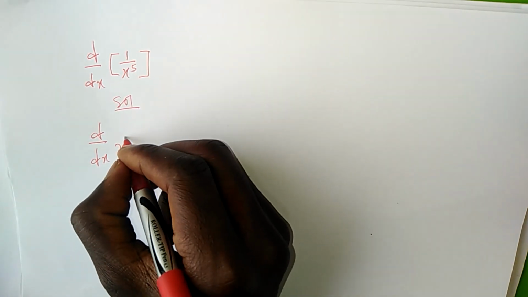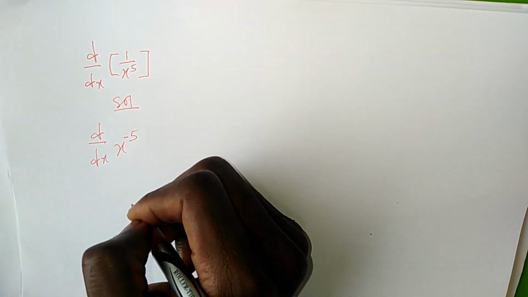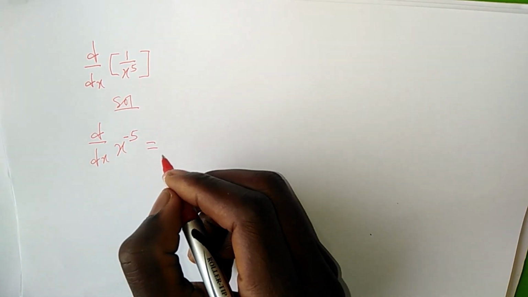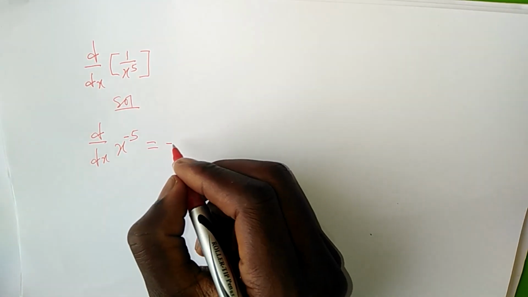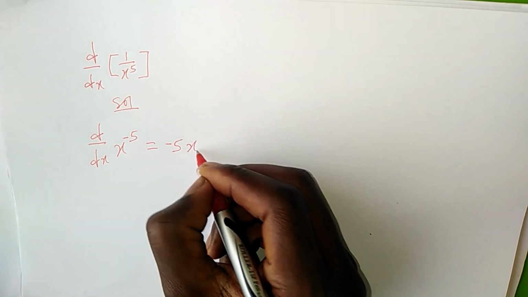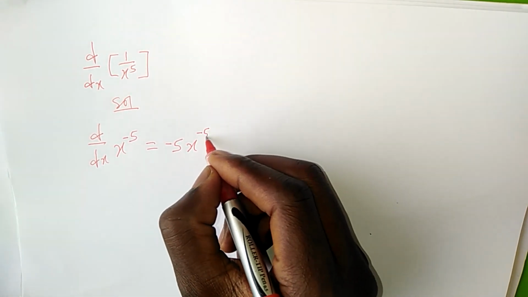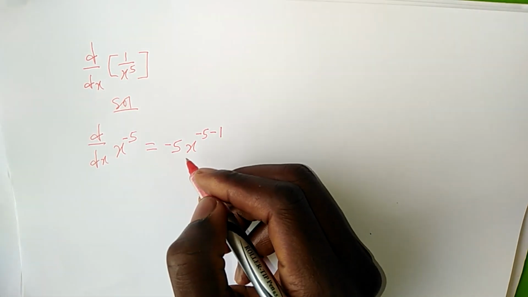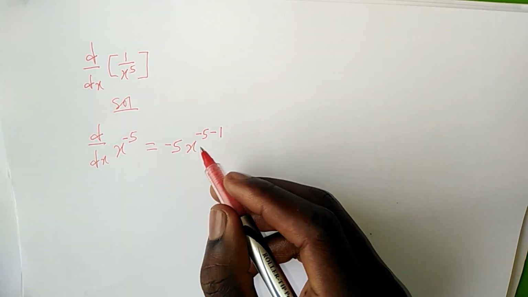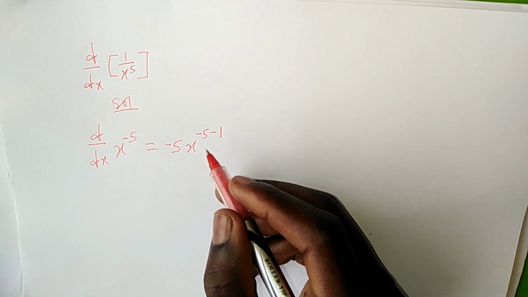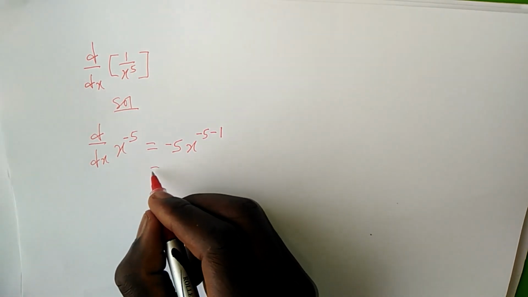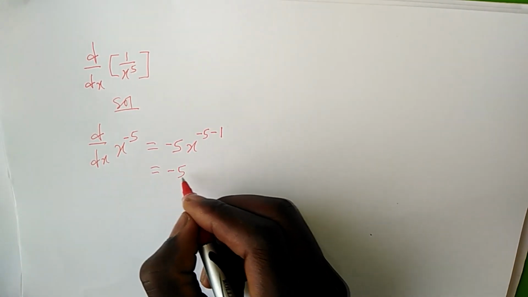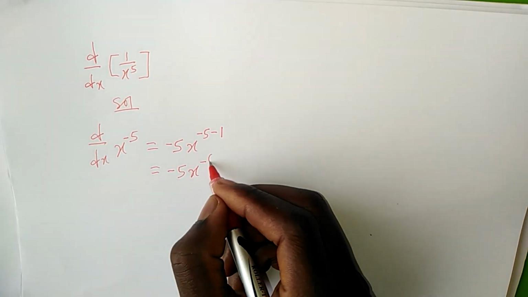When you carry the x upward, it carries a negative sign, minus 5. So to differentiate this function, we say minus 5 x to the power minus 5 minus 1. Therefore, our answer will be minus 5 x to the power minus 6.